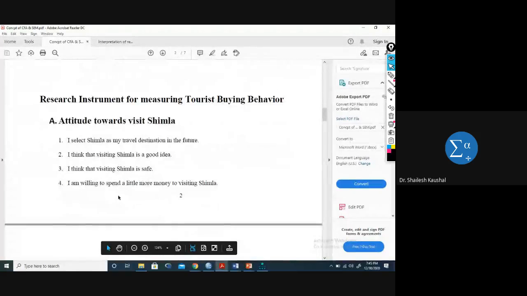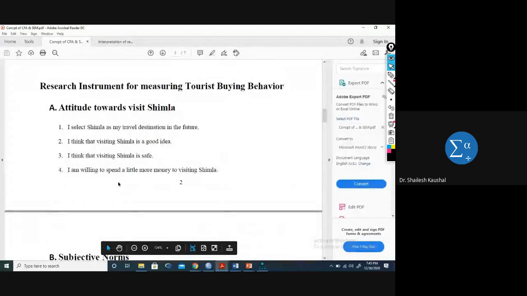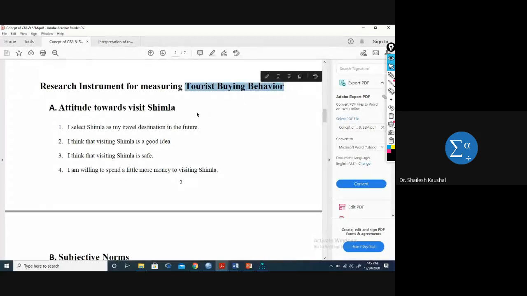In this case study, I want to measure the tourist buying behavior in a hill destination, and the destination is Shimla.